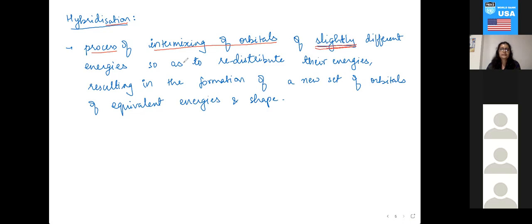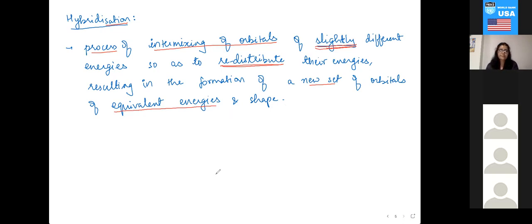And why is the intermixing happening? It's happening to redistribute their energies. So the eventual goal is to form a new set of orbitals. They all have the same energy and shape. I'll take a few examples so that it becomes clearer.